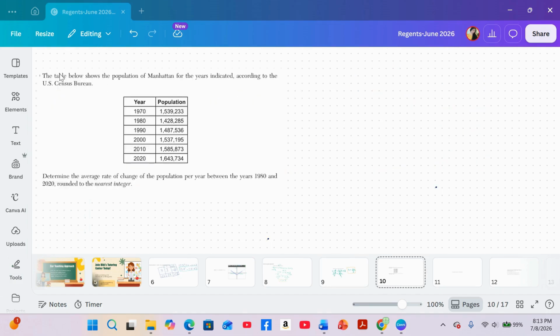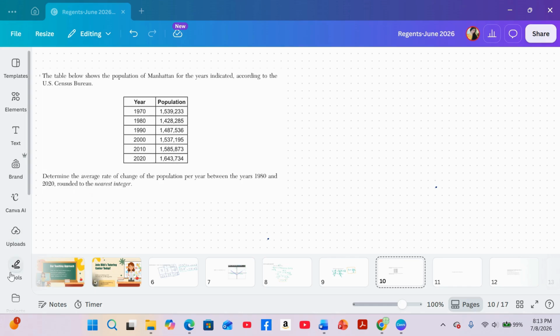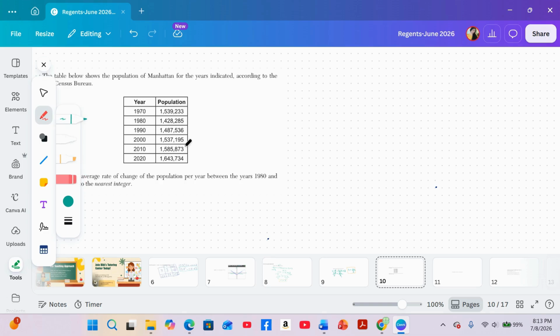This question asks us to determine the average rate of change of the population per year between the years 1980 and 2020, rounded to the nearest integer. And here we have a table showing the population of Manhattan for the years indicated according to the U.S. Census Bureau. So what we'll do, we have 1980 and 2020. So let's find the difference.